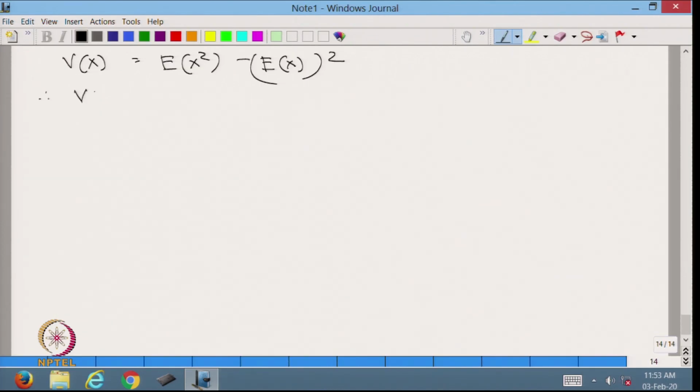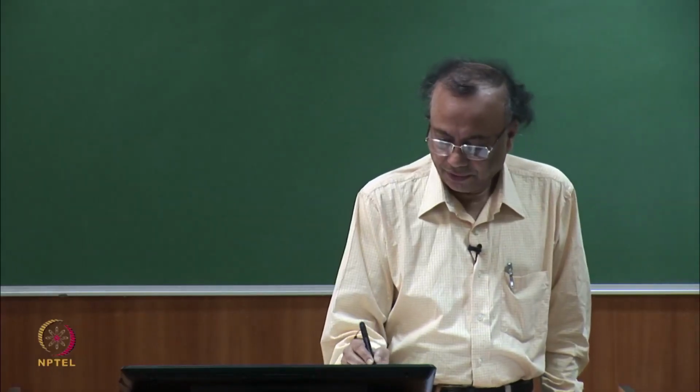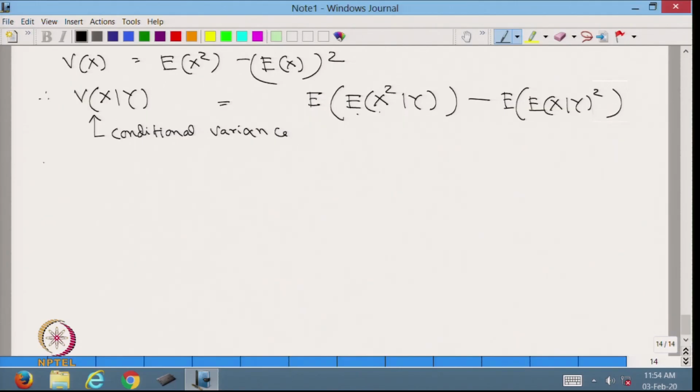Therefore, variance of x given y, that is the conditional variance, is equal to expected value of x square given y, conditional expectation of x square minus expectation of x given y whole square.